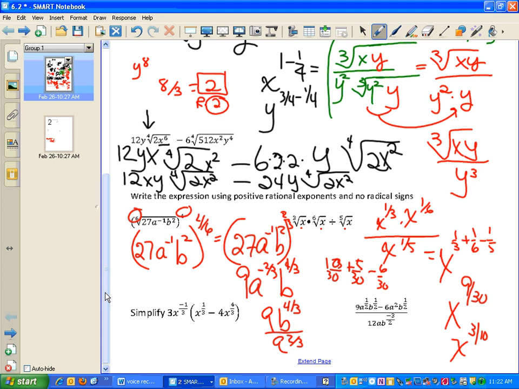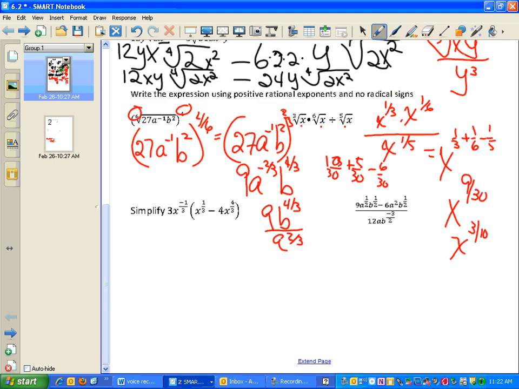Okay, same thing in this next one. Notice the subtraction sign. What am I going to do? I am going to distribute. Yes. So this is going to be 3x to the negative 1/3 x to the positive 1/3, which is really just going to be a 3, because your exponent would be 0, and so it disappears, correct?